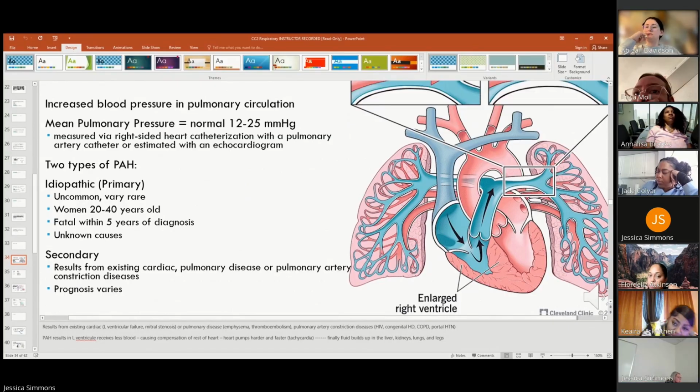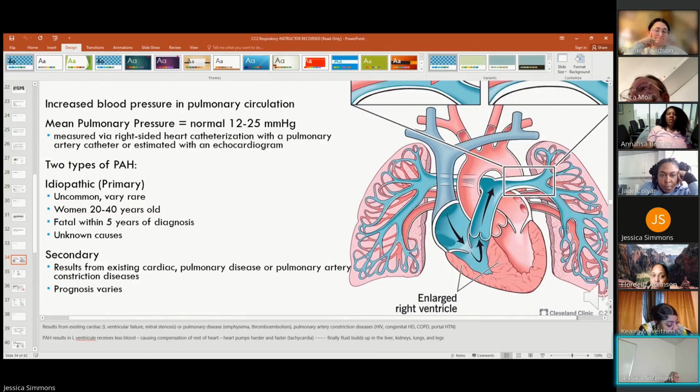Some causes include left ventricular failure, mitral stenosis, emphysema, thromboembolism, HIV, congenital heart disease, COPD, and portal hypertension.